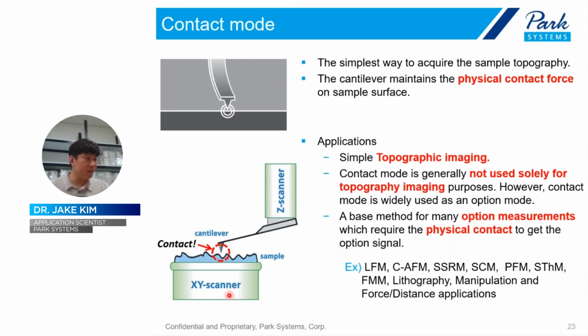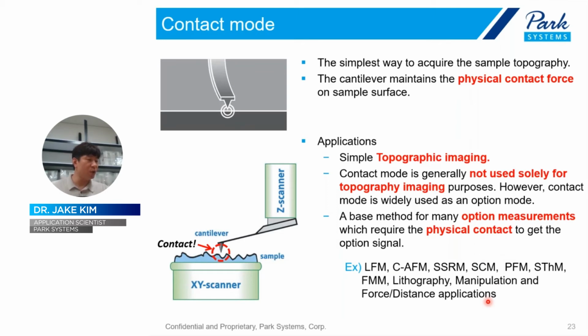As I said, it is quite simple, but the problem is that it is quite easy to damage, scratch or break the sample surface or tip because it's physical contact. So the contact mode is generally not used for topography imaging.